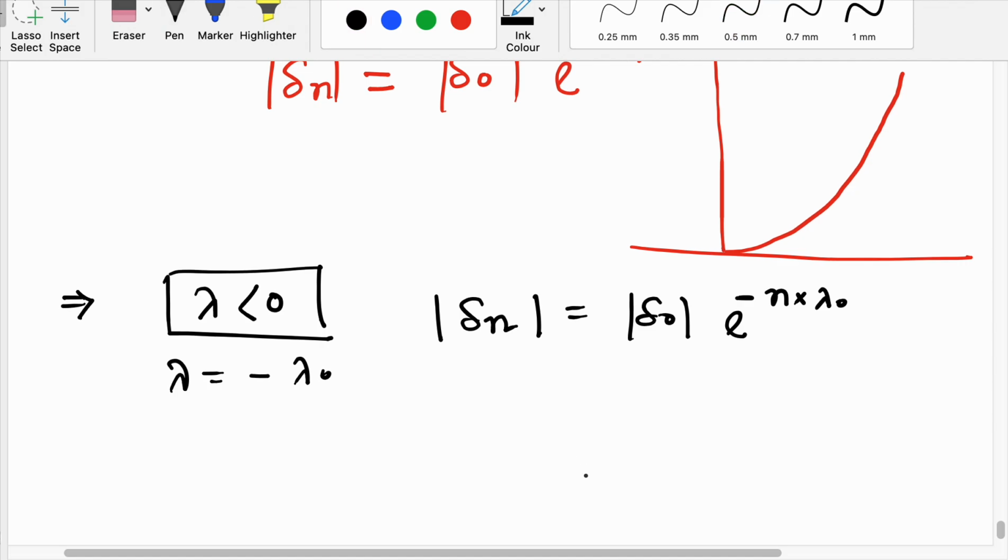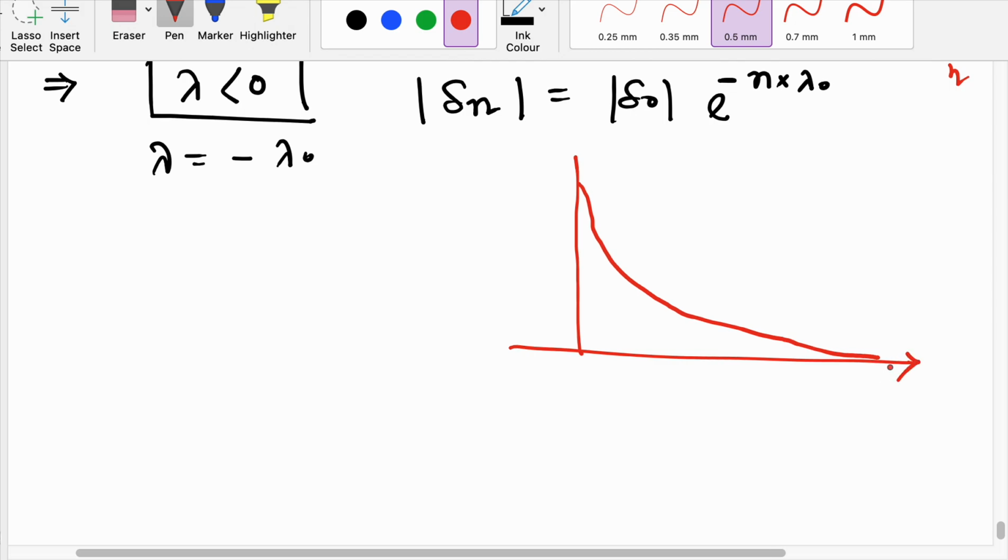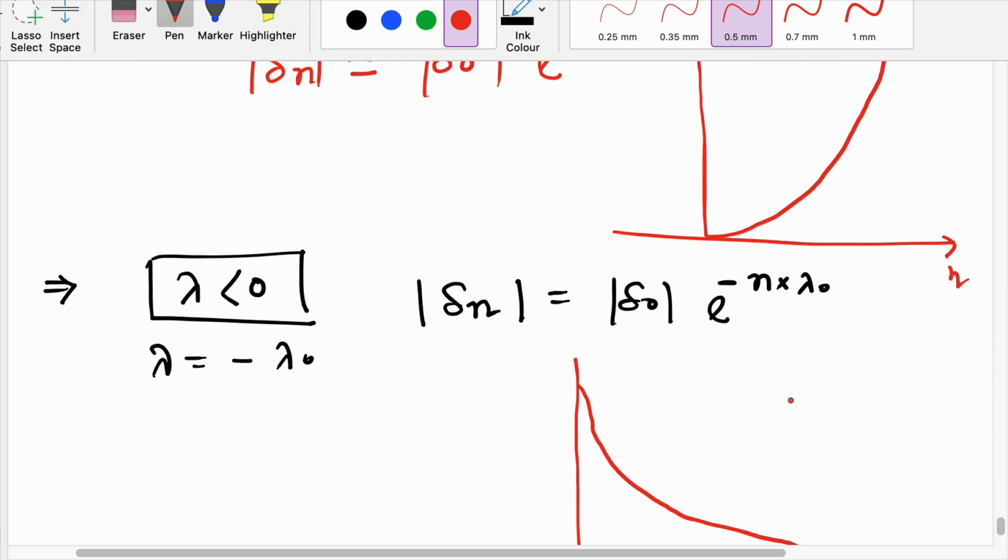Then you see, as time increases, the distance between the two initial conditions will shrink, decrease and decrease, and go to 0 as n increases. So it will look like this. Starting from delta 0, it will continuously decrease, and as n increases, at some point it will become 0. That means any difference between the two initial conditions will not remain.